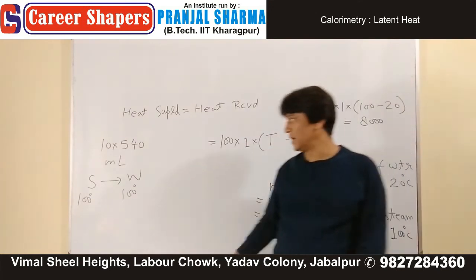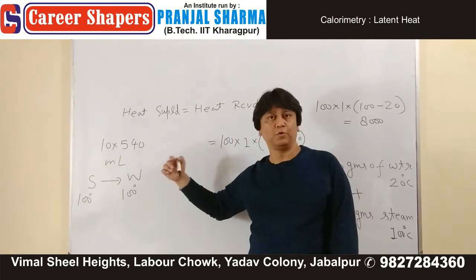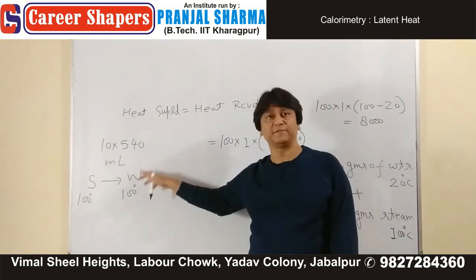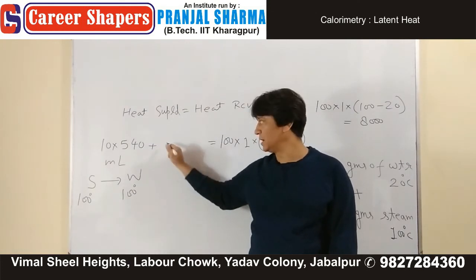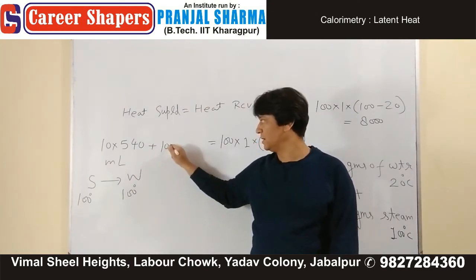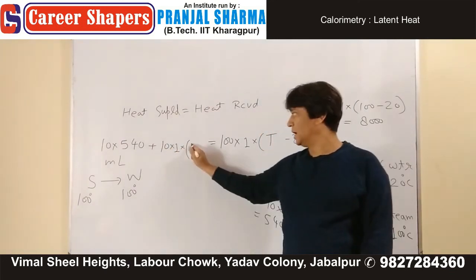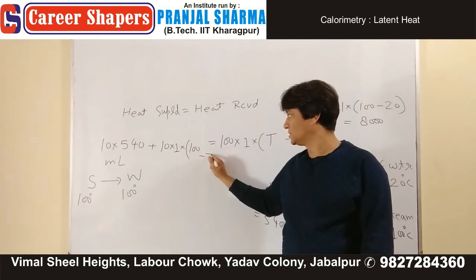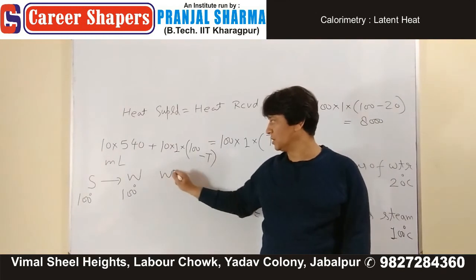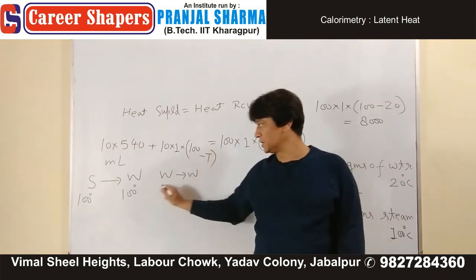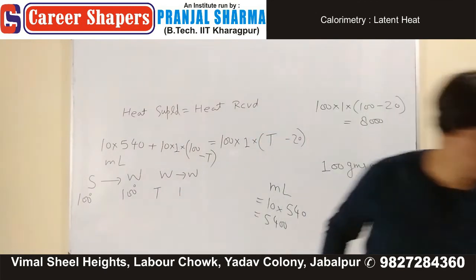Which means this 100 degrees Celsius water which you get after the condensation of steam must again supply some heat in this form: 10 into specific heat 1 and then 100 minus T. What is this? This is water to water, 100 to T.